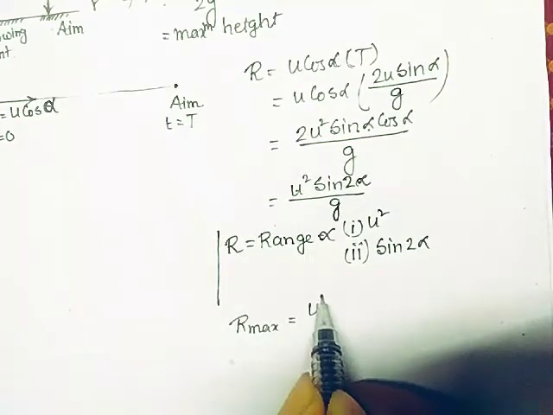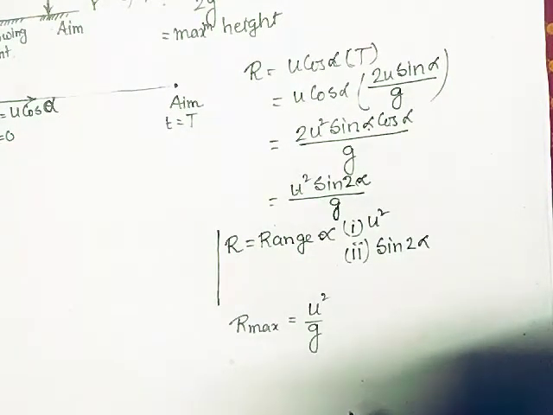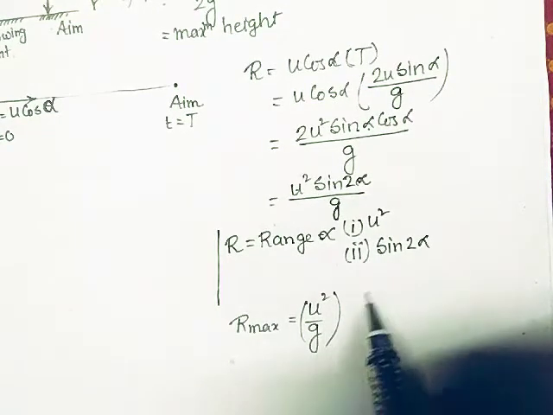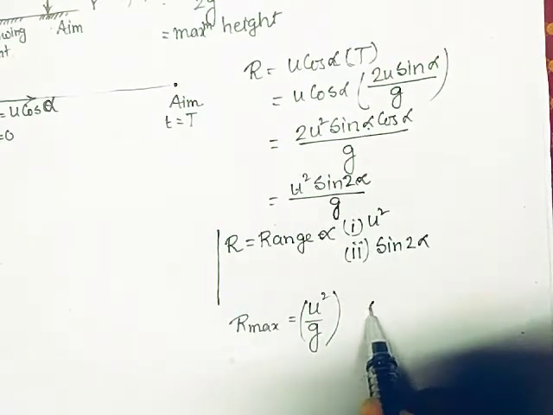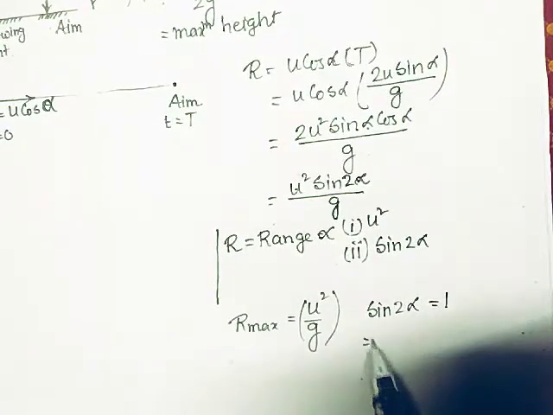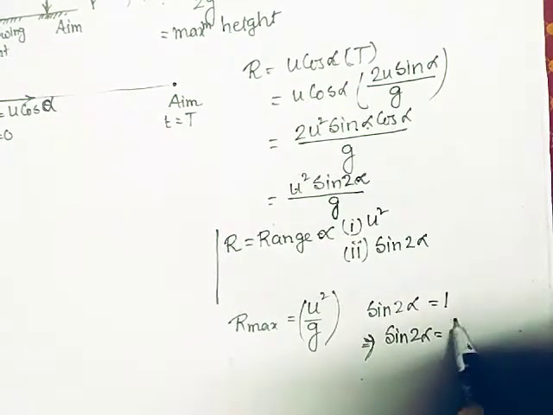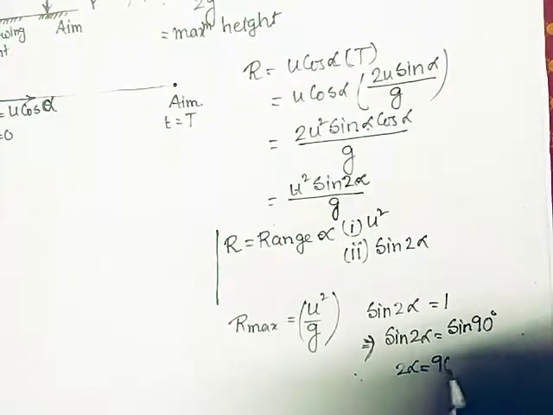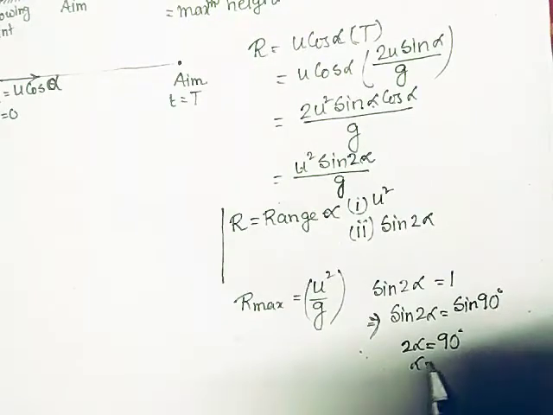For R maximum, it will be u square divided by g, because only one thing can vary here, that is the angle of projection. For making R maximum, sine 2 alpha will be 1, because the maximum value of the sine function is 1. So sine 2 alpha equal to sine 90 degrees. From here 2 alpha equal to 90 degrees, and so alpha equal to 45 degrees.